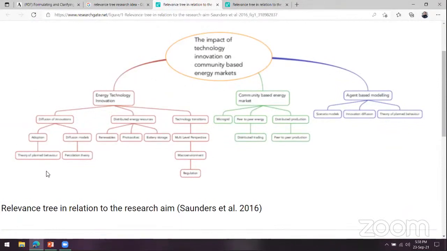Or maybe I would like to take this all together but I'm not taking community, I'm not taking agent-based. It's okay. That's the way you draw the relevance tree, you identify the details you can go through. So a relevance tree means breaking down the idea into smaller pieces, then after that you take whatever you are interested in.